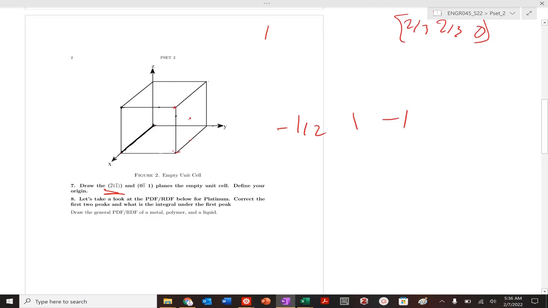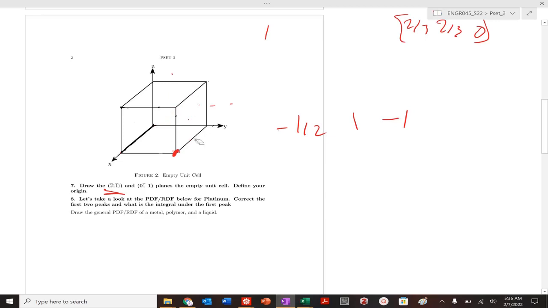So let's start off picking my origin like here. This is my new origin. So I know I'm going to intersect -1 as such. I am going to go to the -1/2 x right here. And then I'm going to do the +1.